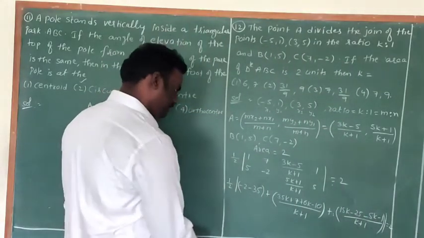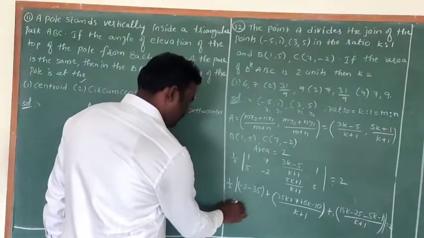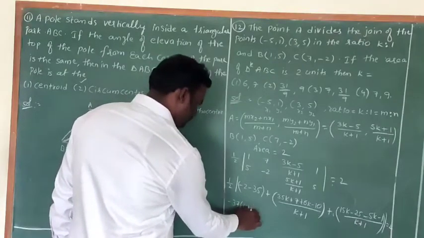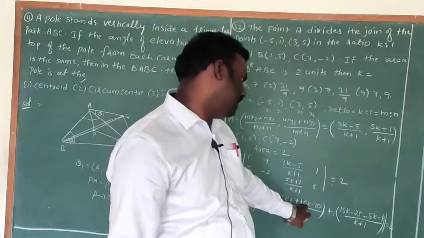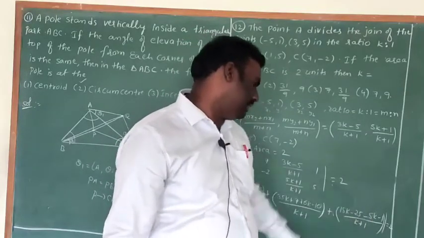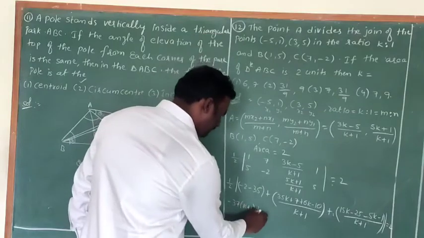Now simplify. Minus 37 into k plus 1, 35 plus 6, 41, 41 plus 10, 51k.